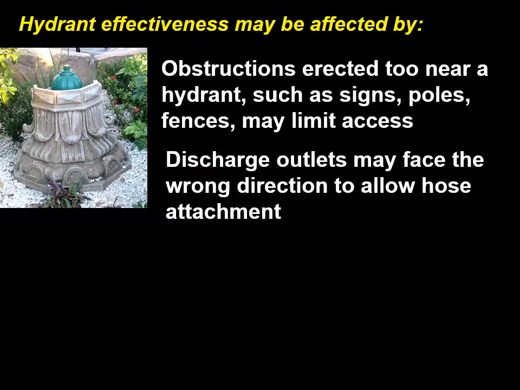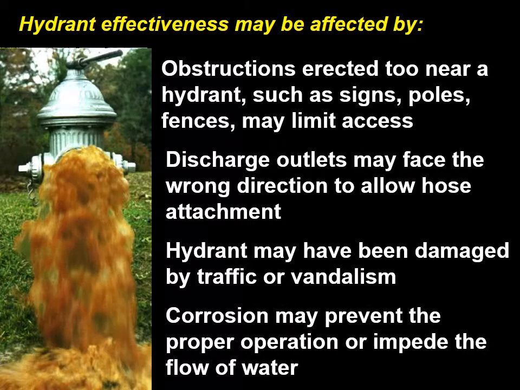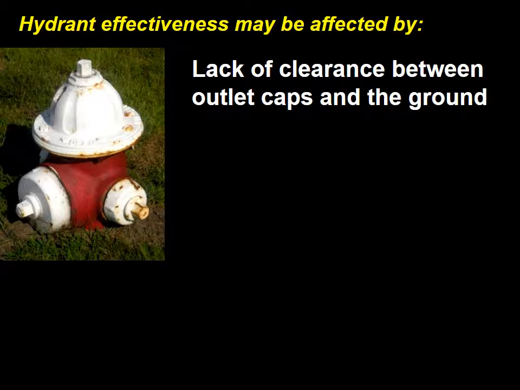Hydrants may be damaged by traffic or vandalism. Corrosion may prevent the proper operation or impede the flow of water. Lack of clearance between outlet caps and the ground. The hydrant there is pretty much useless.